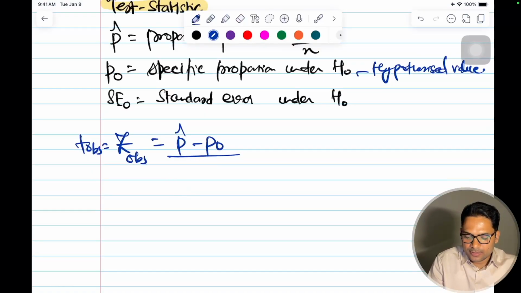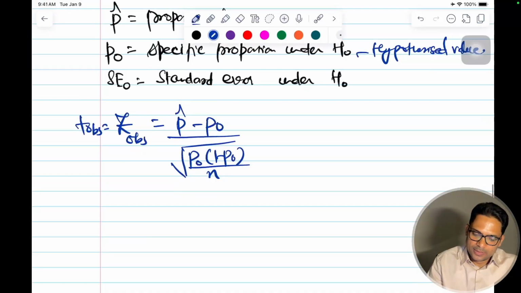The standard error term is generally used for standardizing. Here it was the square root of p naught into 1 minus p naught by n. So this term is the standard error.